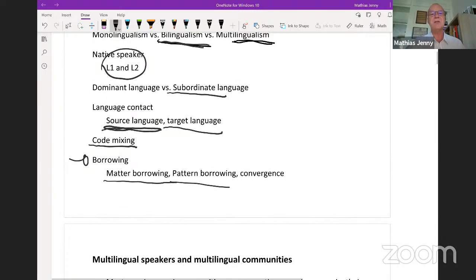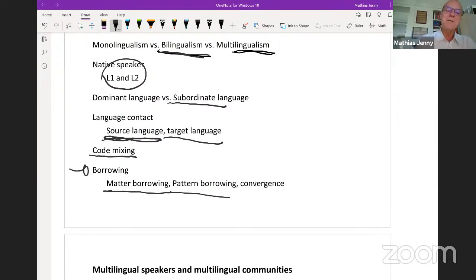Matter borrowing means you take over the matter, the word, with its sound material. So basically, when you speak of matter borrowing, we call this loan words.